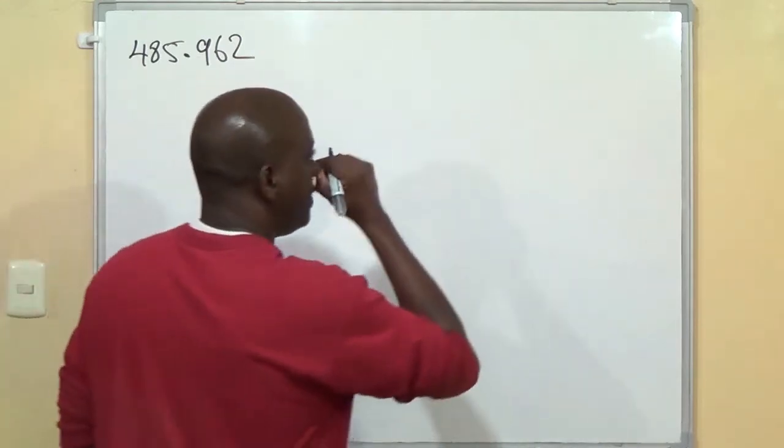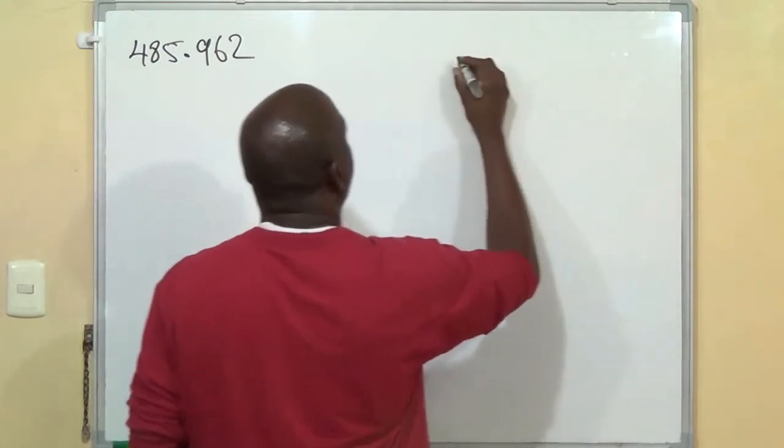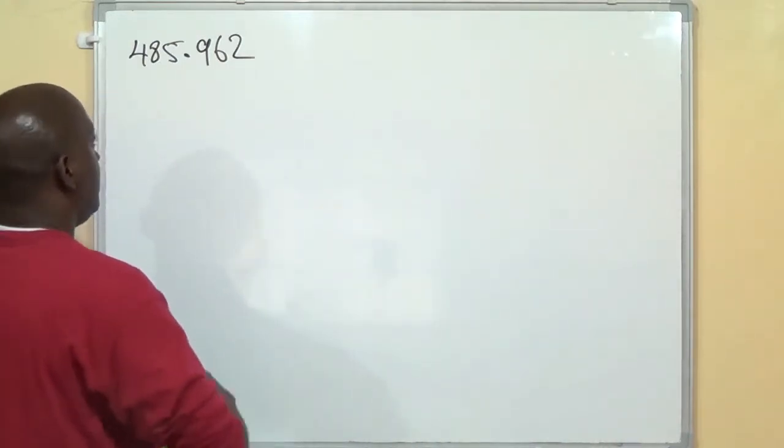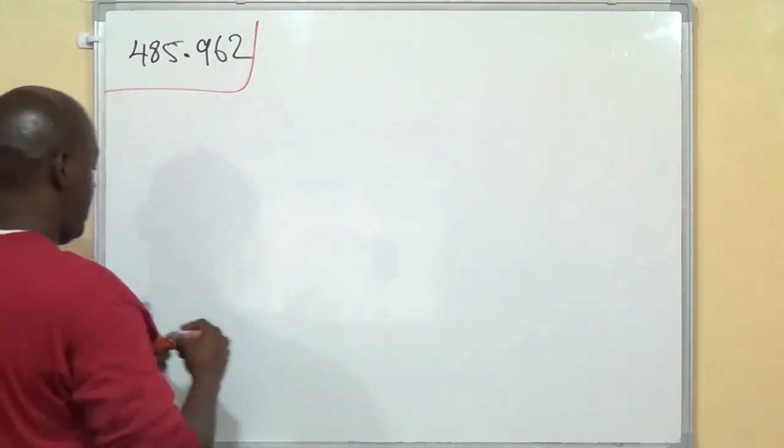So, what's happening here now? Let us switch the color of the ink here. We box into our corner here.